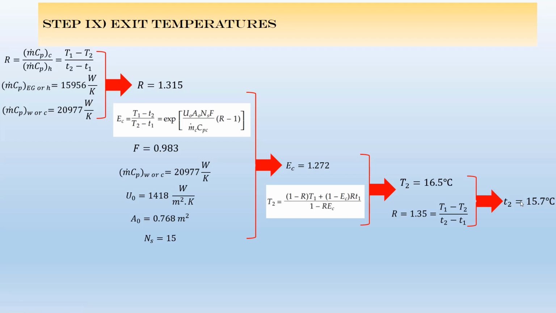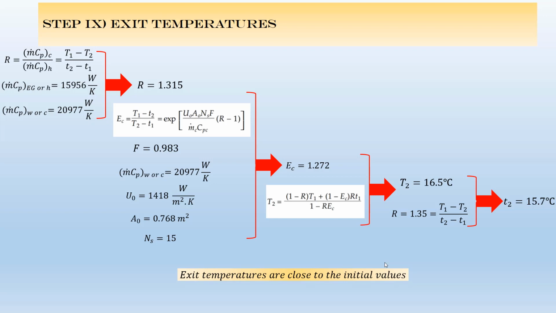So your assumption is good. You don't need to repeat the calculation. But again, guys, if you design a heat exchanger and you see that the new average temperature is more than 50 degrees centigrade, you need to redesign your heat exchanger by using the new average temperature and new thermophysical properties.